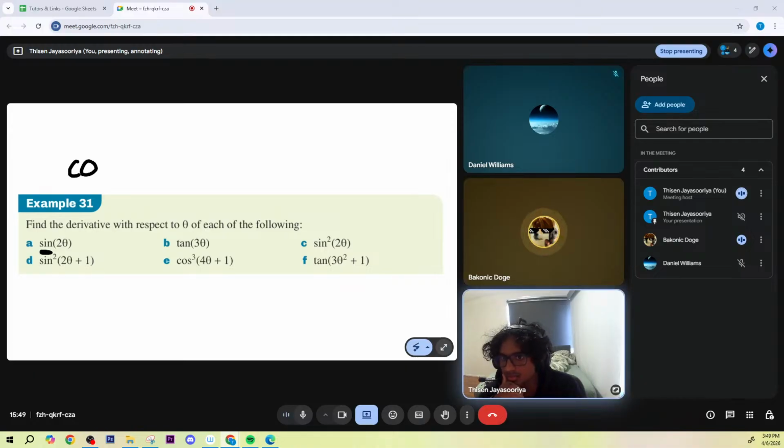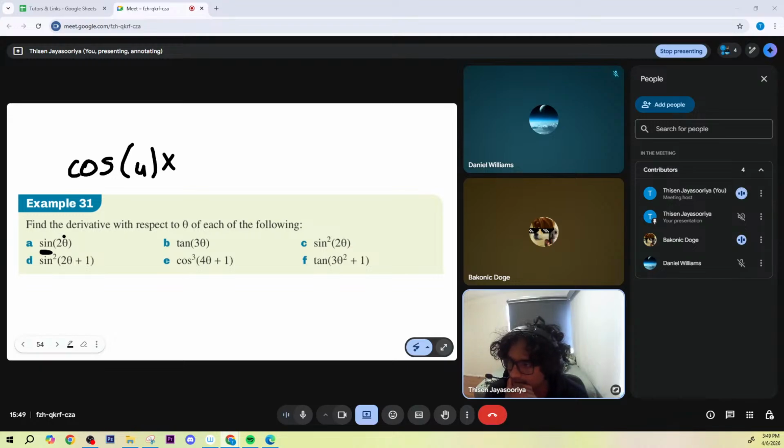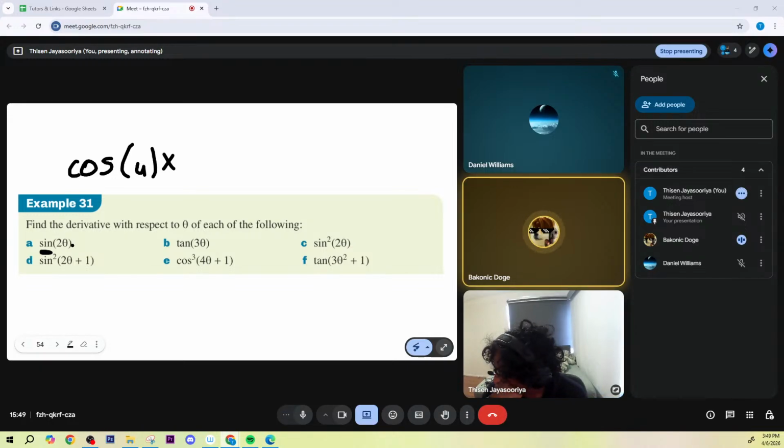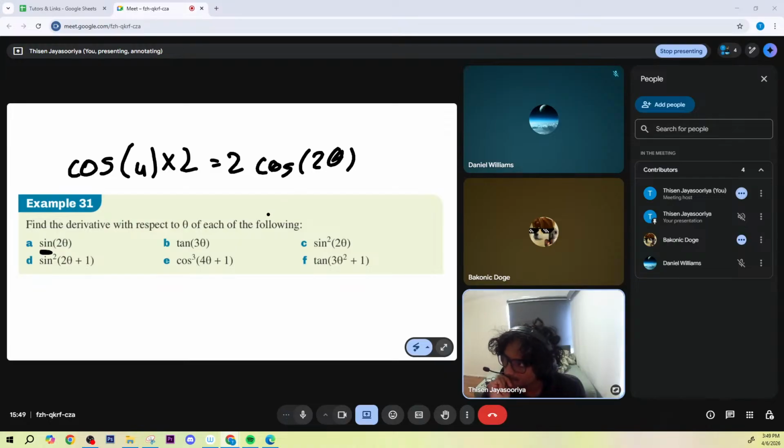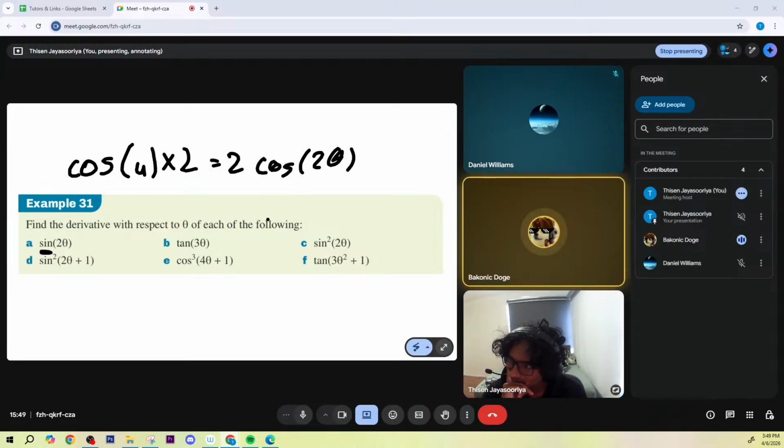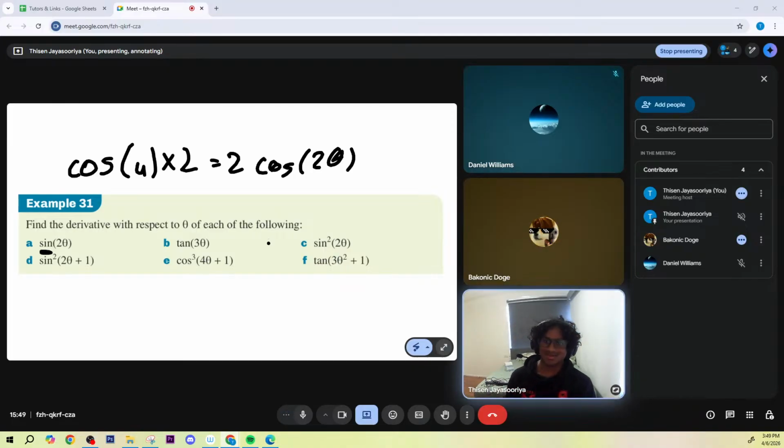So it'd be cosine u times the derivative of the inside. Two. So that means here it's just going to be 2 cosine of 2 theta. Yes. Does that make sense to you, Daniel?